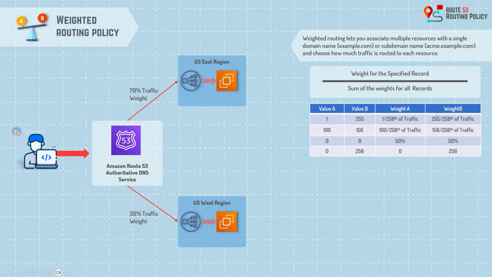The weight for B will be 255 by 1 plus 255, that is 255 by 256. So when we say 1 by 256 of traffic, it means that 1 by 256 of the traffic will go to the value A or server A, and 255 by 256 of traffic will go to B. So that's how it is computed.